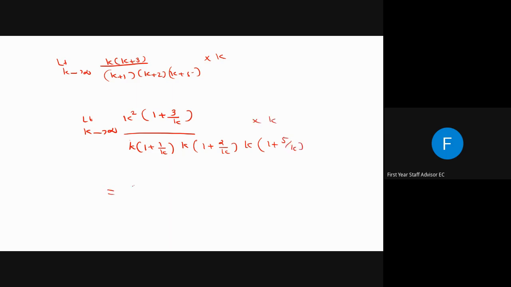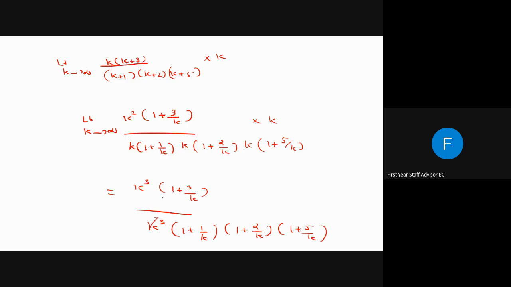So k cube into 1 plus 3 by k, divided by k cube into 1 plus 1 by k into 1 plus 2 by k into 1 plus 5 by k.